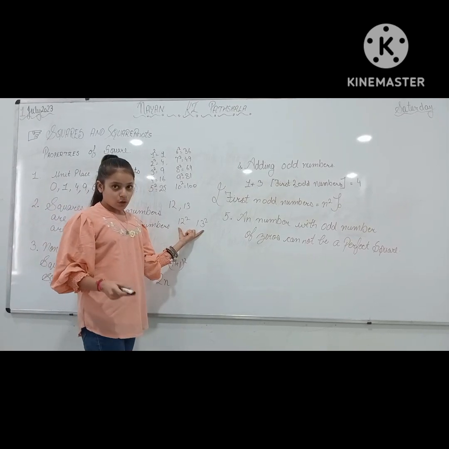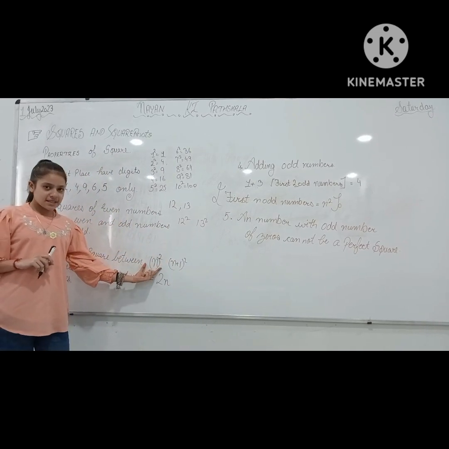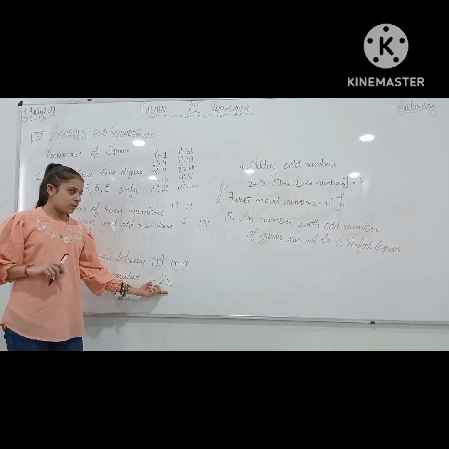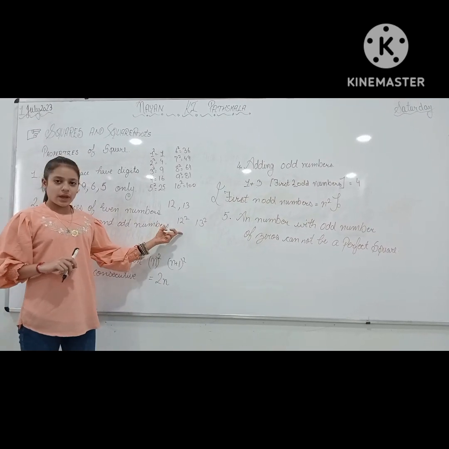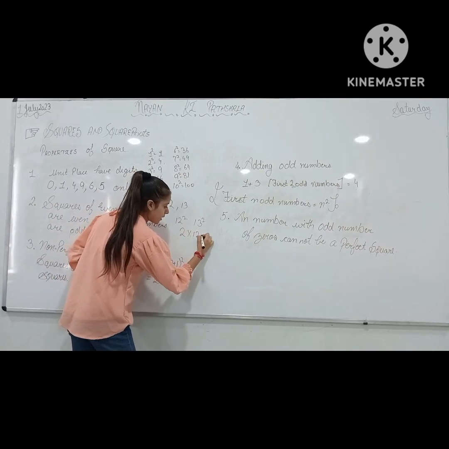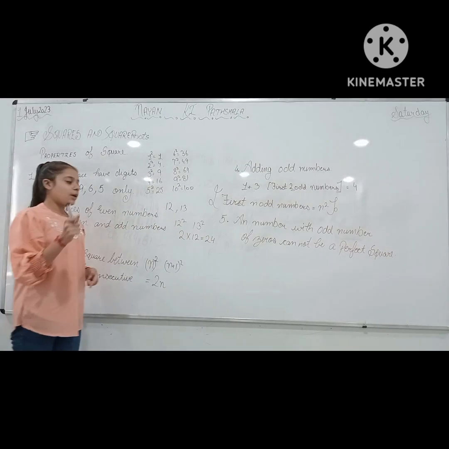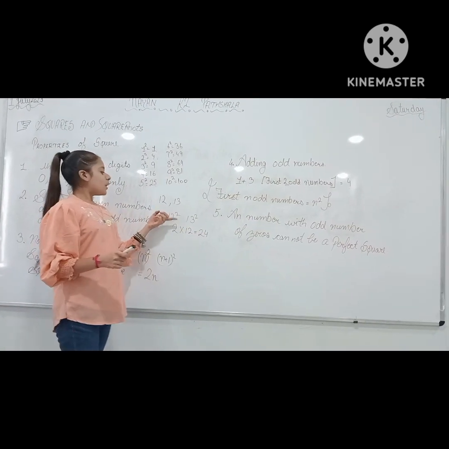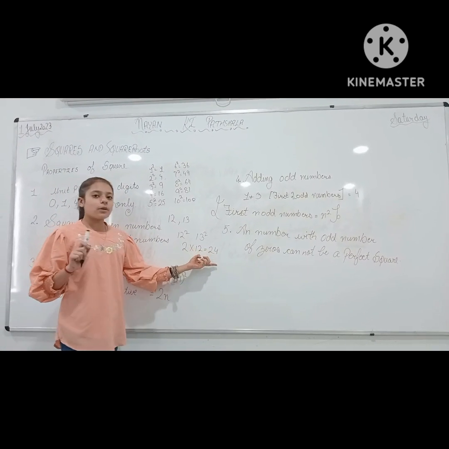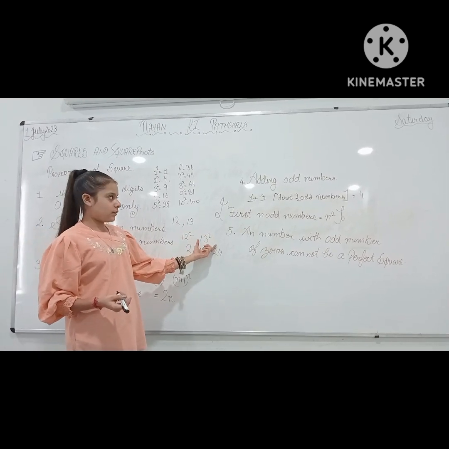To have the answer, we have a formula here, and that is, between n square and (n plus 1) square there are always 2n non-perfect squares. So here our n is 12. It means 2 into 12, and that is 24. So we come to a conclusion that there are 24 non-perfect squares between the square of 12 and the square of 13.